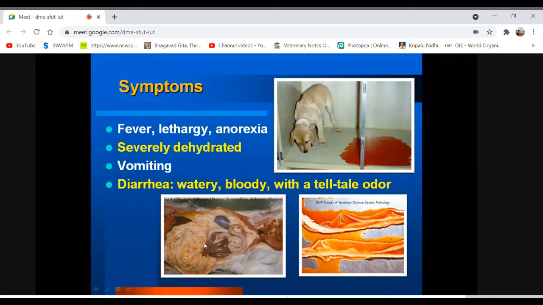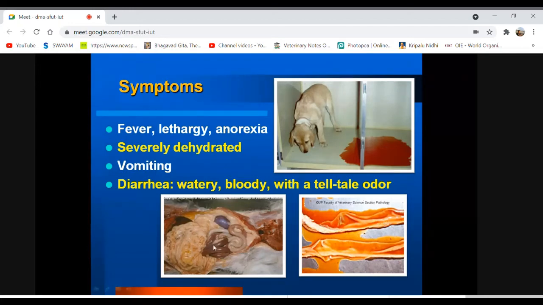diarrhea. And when you open the carcass, the abdominal cavity, there is one more typical lesion. If you open the intestine, you will find it a little bit yellowish, or sometimes empty, or yellowish with watery content giving that very typical smell. And if you take out this content and look at the intestinal mucosa, you will find severe hemorrhagic lesions.